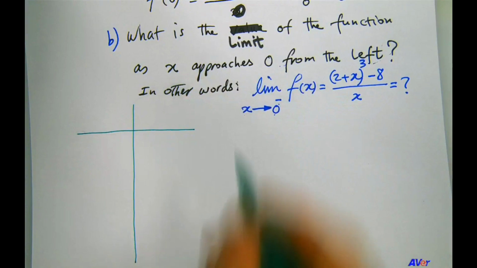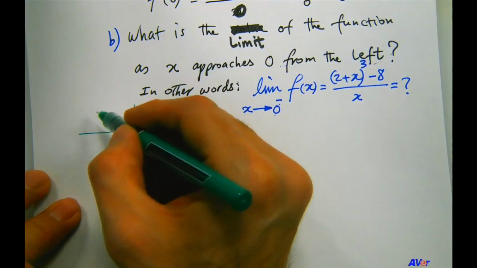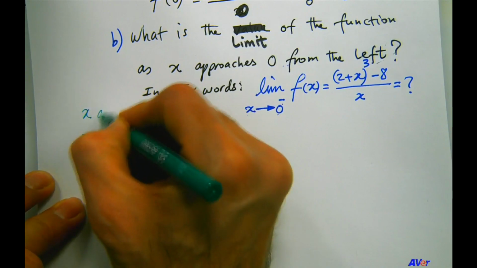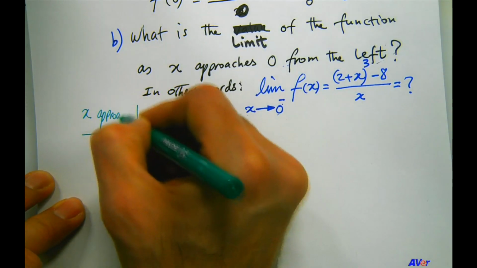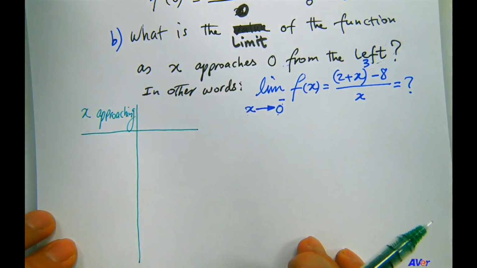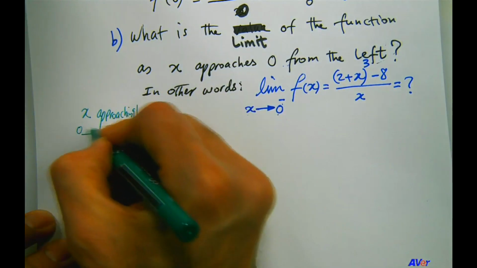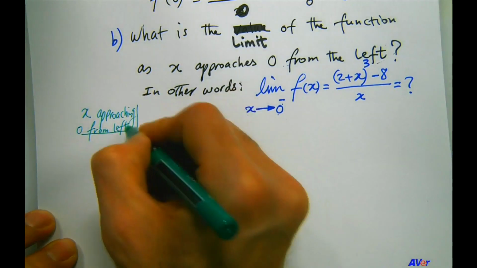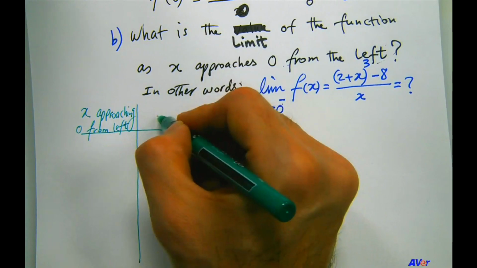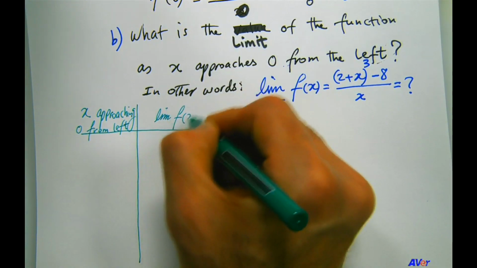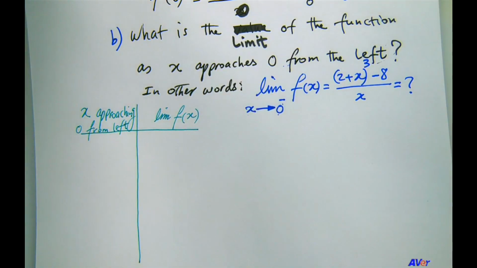So we want x approaching 0 from the left, and on this side we're looking at the limit of the function f of x.